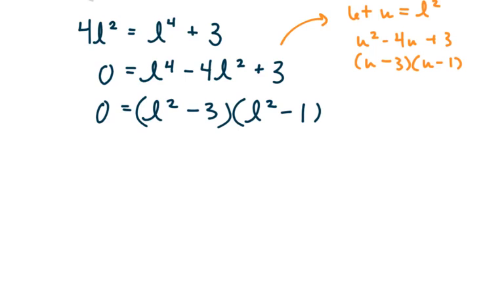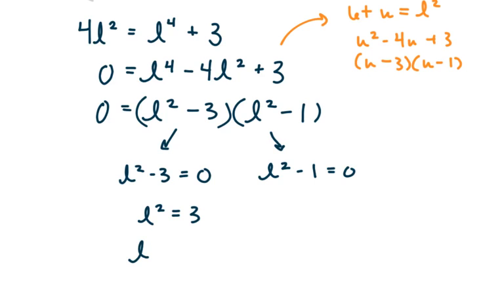Now, solving each of these equations equal to 0, we use the zero product principle. I have L squared minus 3 equals 0, and L squared minus 1 equals 0. That's going to give me two options. I'll have L squared is 3, or L equals plus or minus the square root of 3, as well as L squared equals 1, L equals plus or minus the square root of 1.